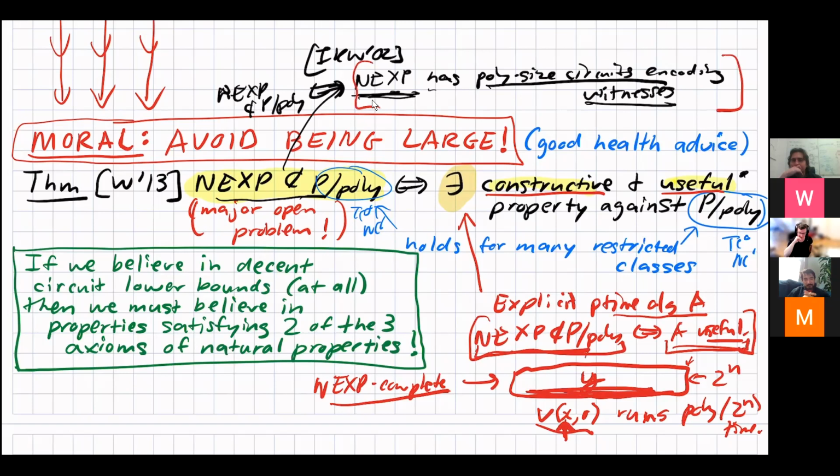You can just write these things down, and the proof that they are useful exactly requires NEXP not in P/poly; it's equivalent. So it's funny, constructivity is just something inevitable for these things, if you're going to have these properties. So might as well look for something constructive, I guess.